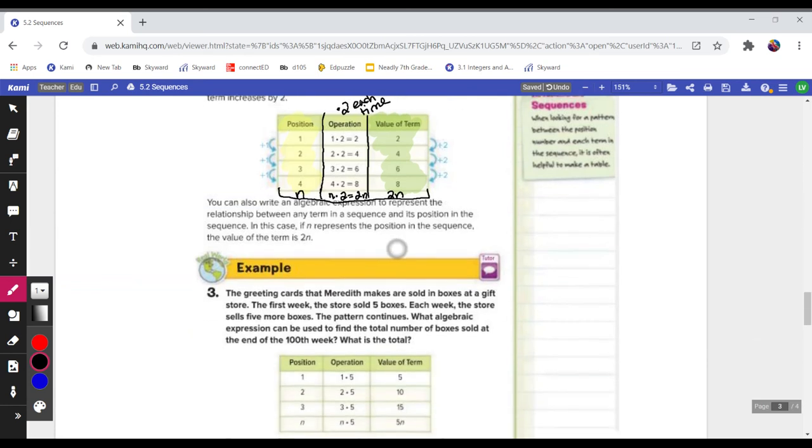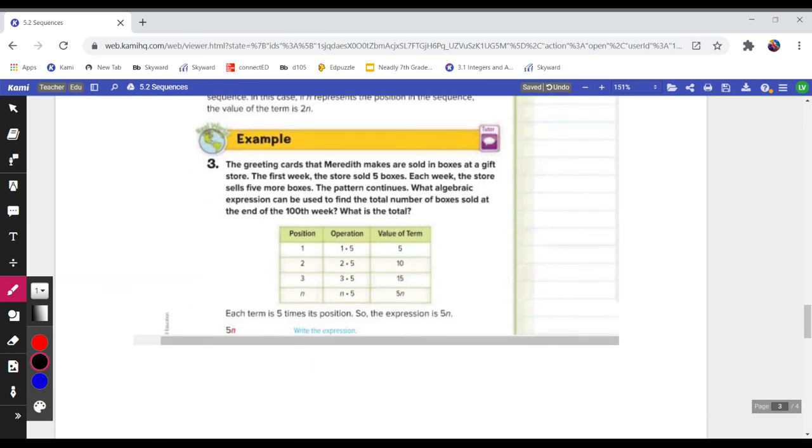So let's try this example. The greeting cards that Meredith makes are sold in boxes at a gift store. The first week, the store sold 5 boxes. Each week, the store sells 5 more boxes. The pattern continues. What algebraic expression can be used to find the total number of boxes sold at the end of the 100th week? What is the total?